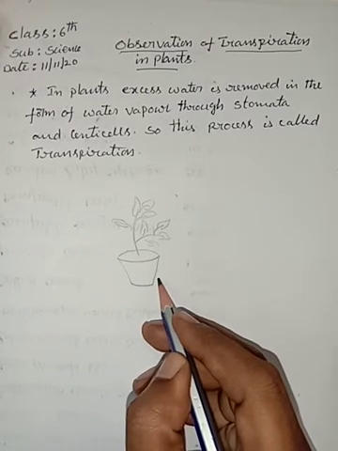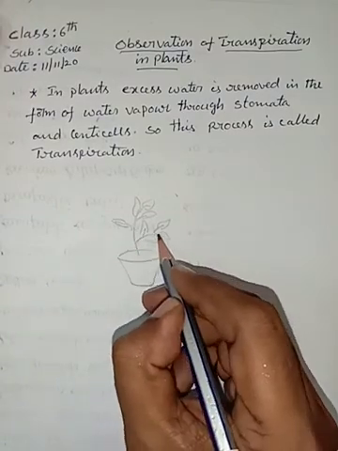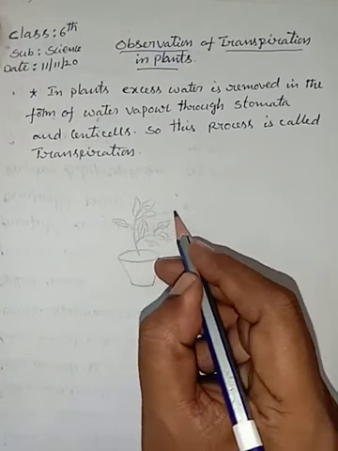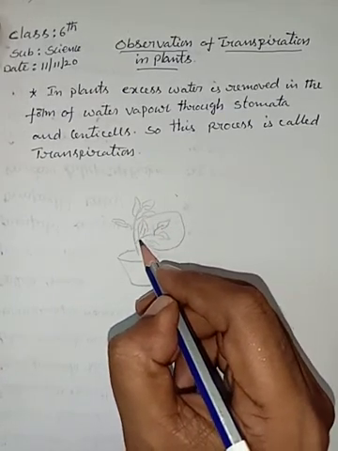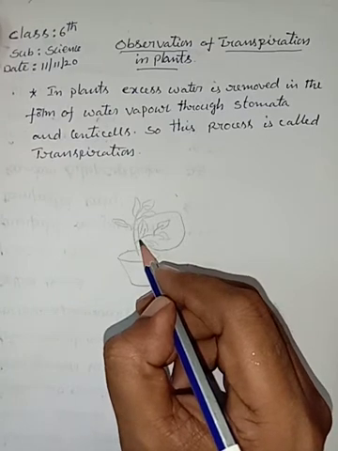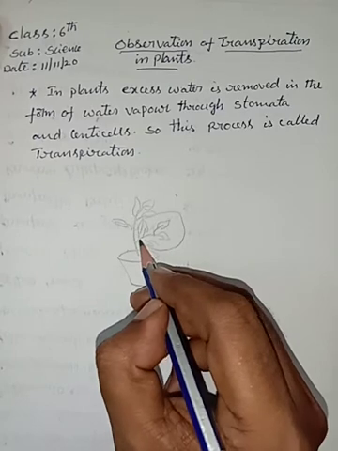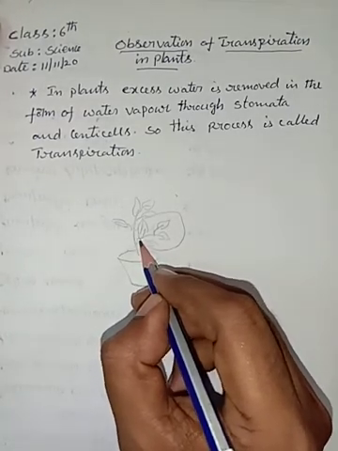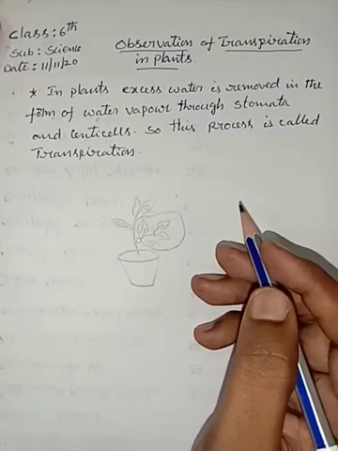Now, we enclose a leafy branch. This is a leafy branch. We enclose a leafy branch of the plant in a polythene bag and tie the mouth of the polythene bag. Okay, children.